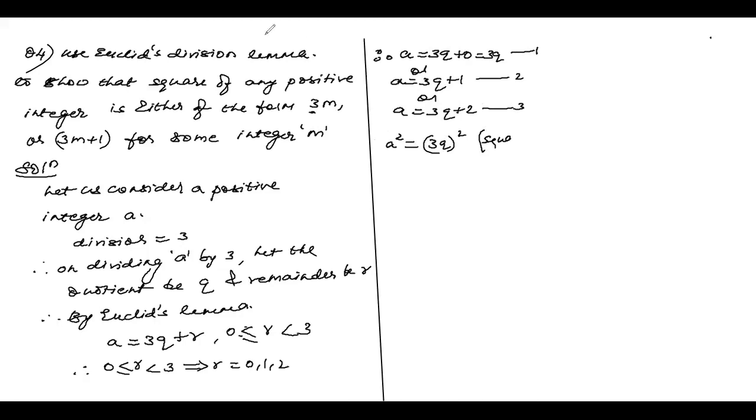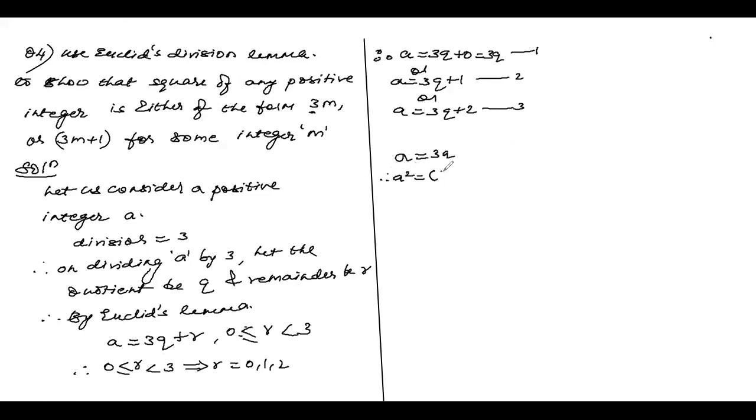Again I repeat, children, these are my numbers, I got my a. But I want to show the square of any positive integer. So your first positive integer is a equal to 3q, and I want the square of it.